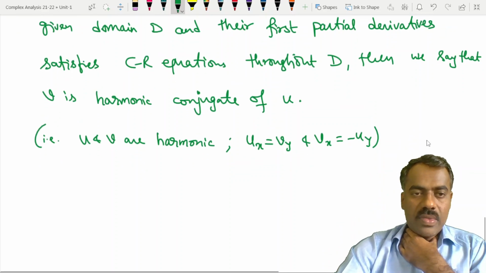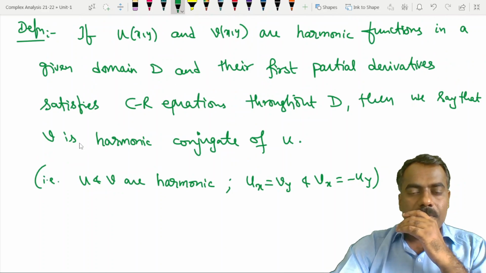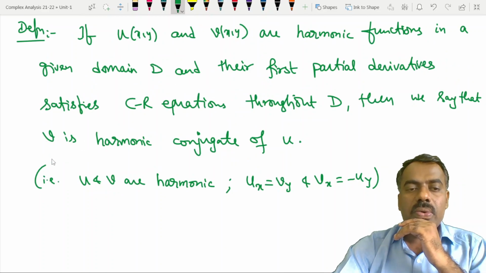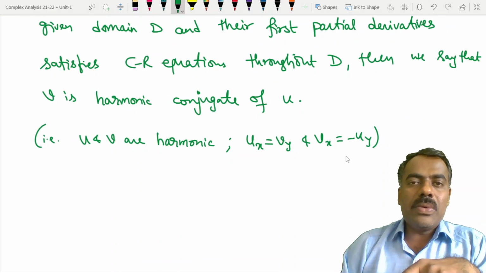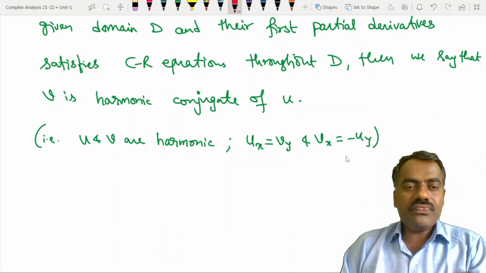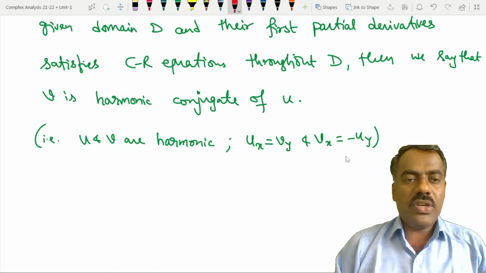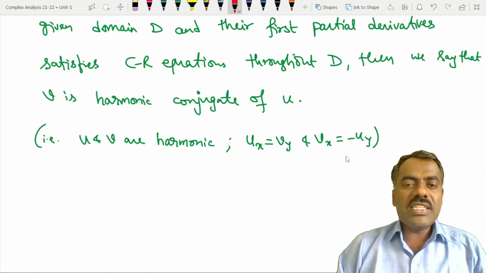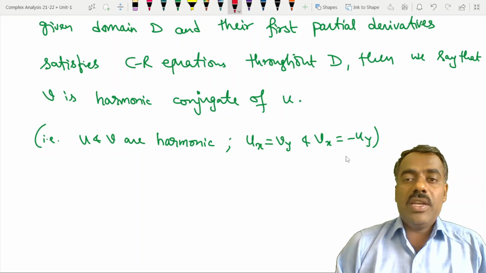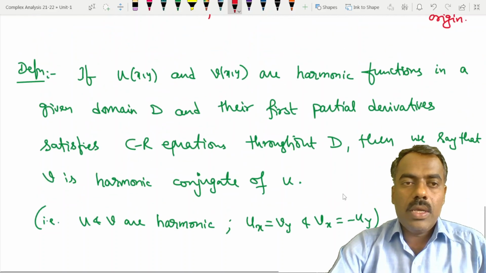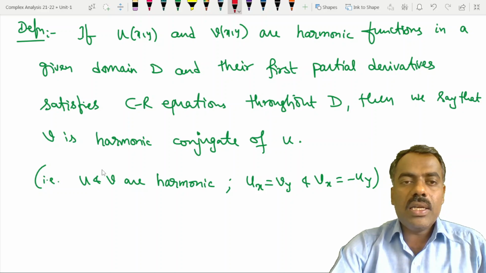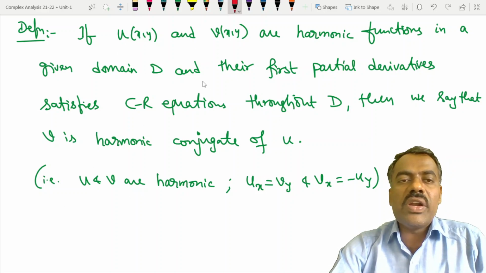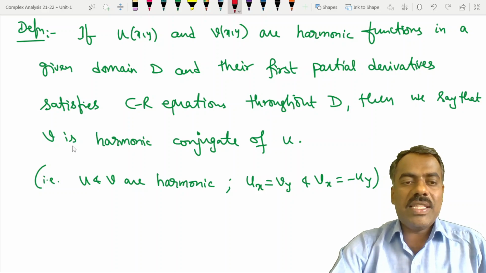Here u need not be harmonic conjugate of v. Even though from this definition you can interchange u and v, we will prove a result now. It is not necessary that if v is harmonic conjugate of u, then u is harmonic conjugate of v. Is that clear what I am saying?